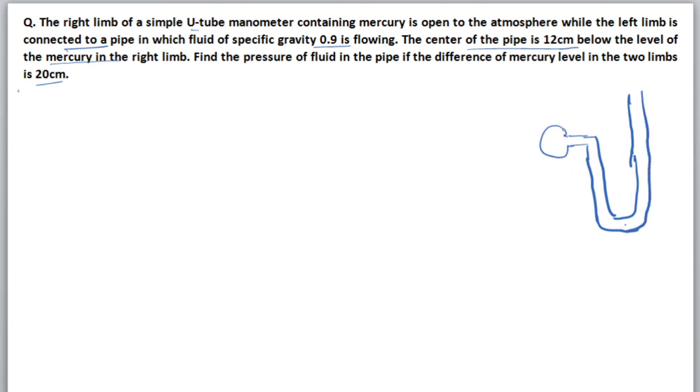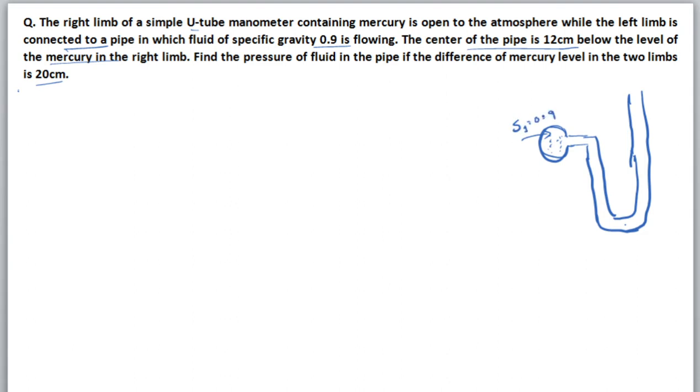So the pipe where the fluid is flowing has a specific gravity of 0.9.